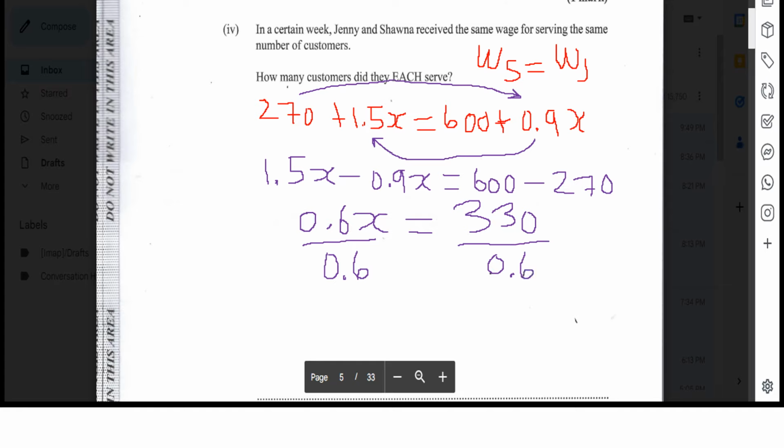So that, let us use a different color marker so that this 0.6 cancels this 0.6 to get a value of x is equal to 550. So that in a given week, when they both receive the same wage, they both served 550 customers.